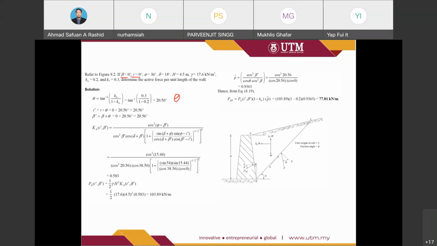So I guess we look at table 8.2, because delta is not equal to 2/3 of phi. So what will be the 2/3? With 36 times 2 over 3, the delta should equal 24 in order to use table 8.3.